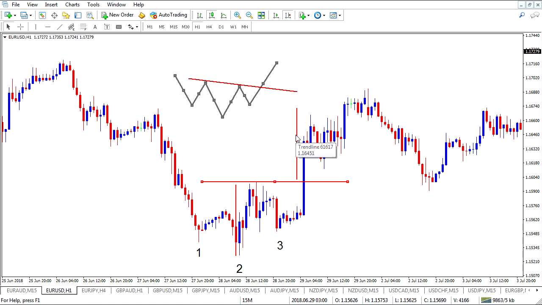Now, again, this is not the one that I prefer because the market isn't always going to do this. I feel a little bit better if I use the right shoulder and the neckline. And I target that. So either way, this is the bullish inverted head and shoulders formation.